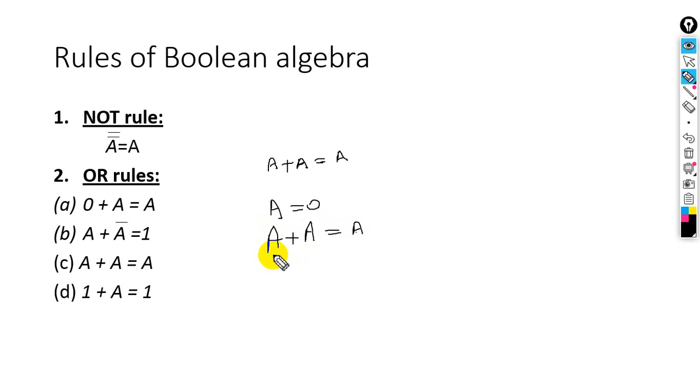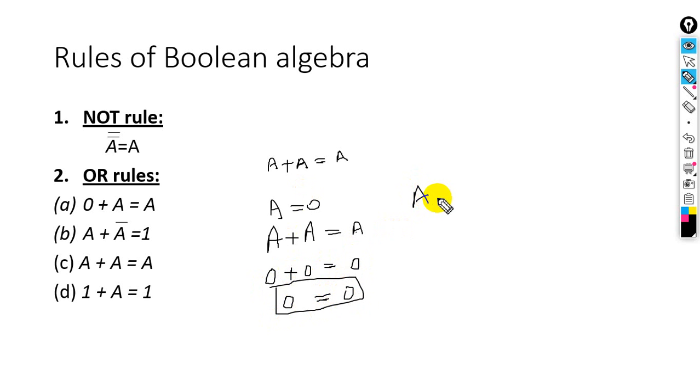Now in place of a I will put 0, or in place of a again I will put 0, is equal to the right hand side. In place of a, I write 0. In an OR operation, if all values are 0, the result is 0. So 0 is equal to 0. It means that the left hand side for a equal to 0 is equal to the right hand side.